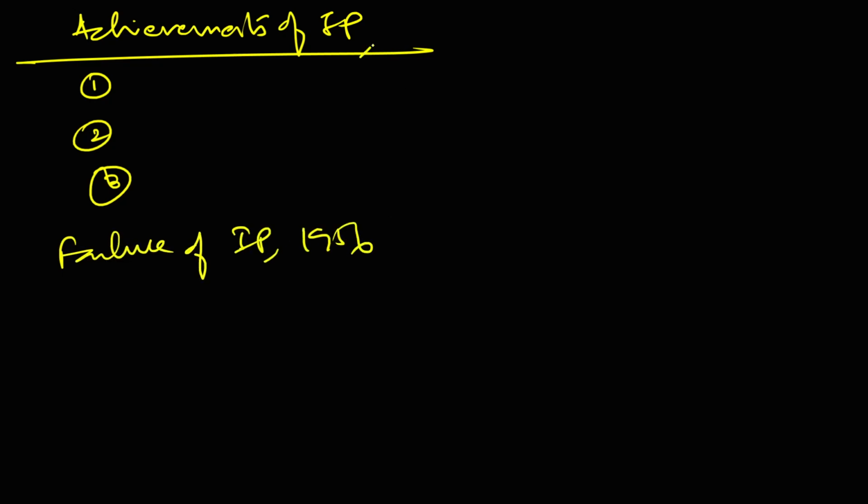Then the question asks what the achievements were, so we will critically examine. We will write achievements of the industrial policy, three or four points, and then we will write failures of the industrial policy 1956. What was the achievement, guys? First of all, it laid the foundation of industrialization.